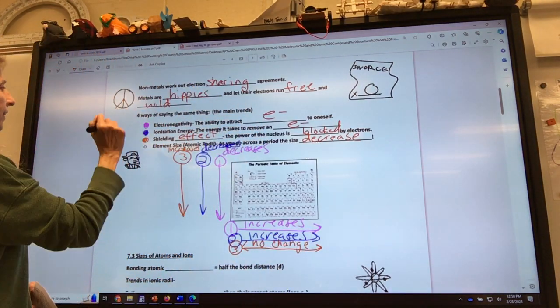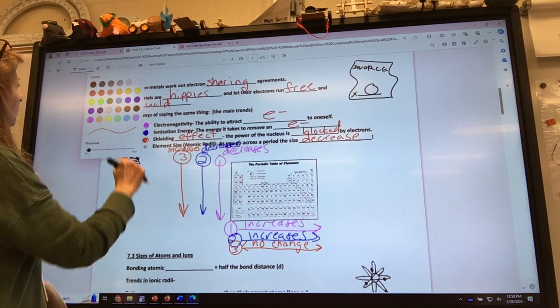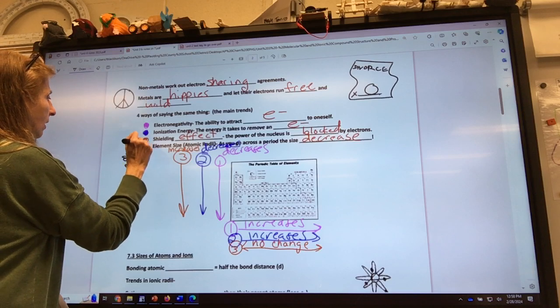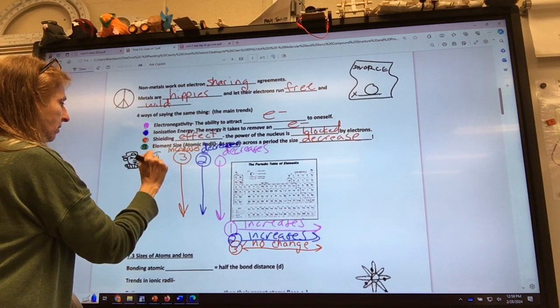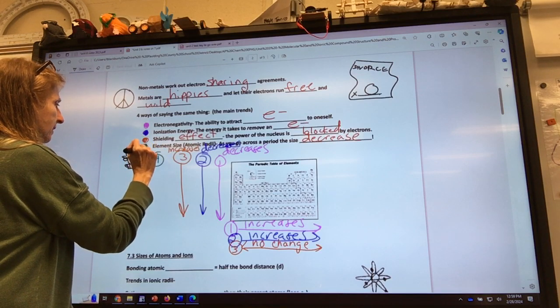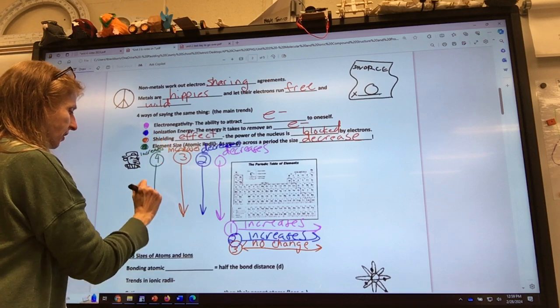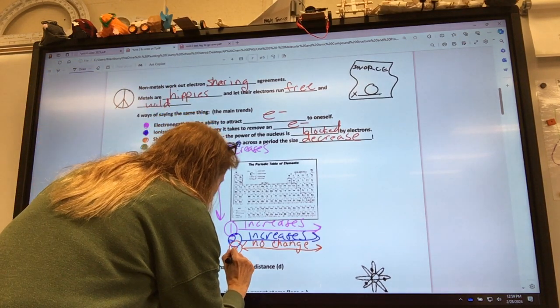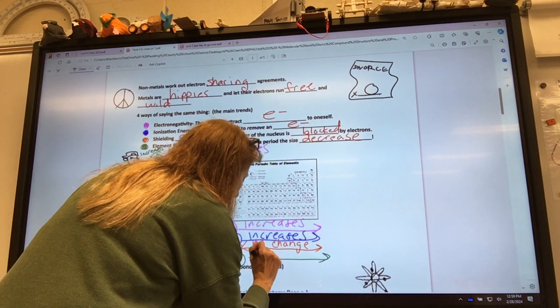Okay? And then the last one, element size. We'll do it green. Okay, as you go down, it increases. That makes sense. As you go down. But as you go across, and this is the weird one, it decreases.